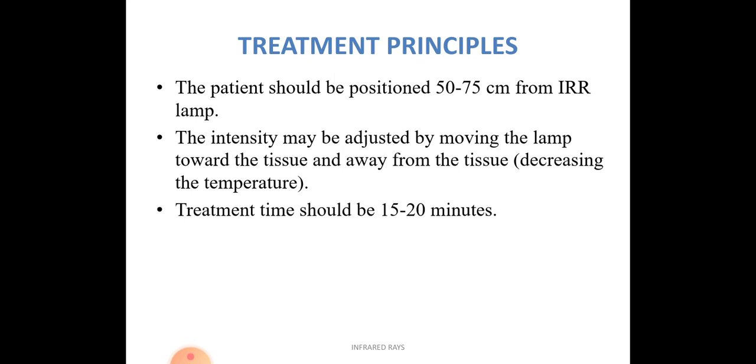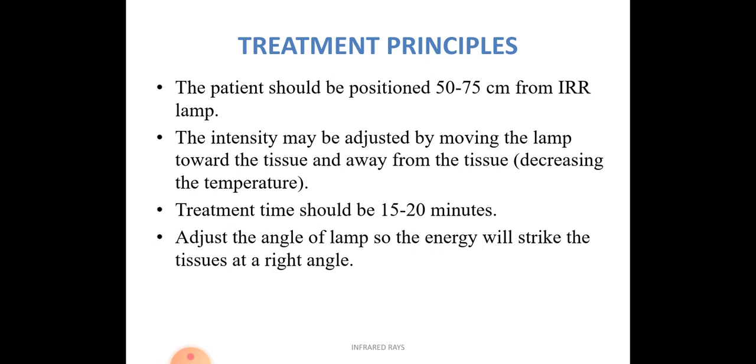Treatment time should be 15 to 20 minutes. In case of chronic cases, it may require up to 30 minutes also. Adjust the angle of the lamp in such a way that the energy strikes at a right angle to the tissue. That is nothing but use of the cosine law. Clear?